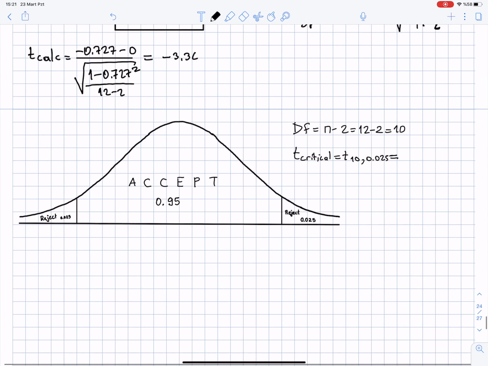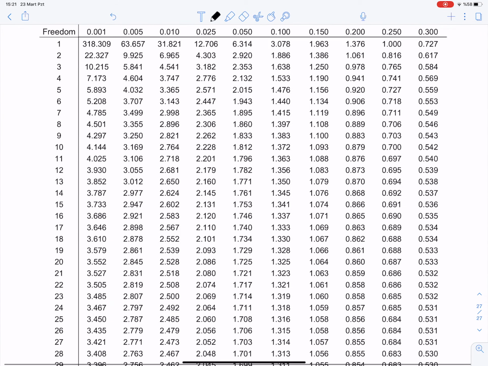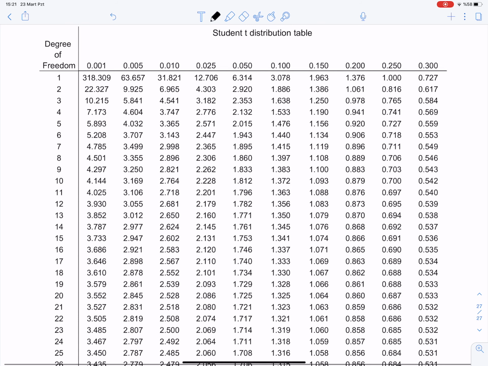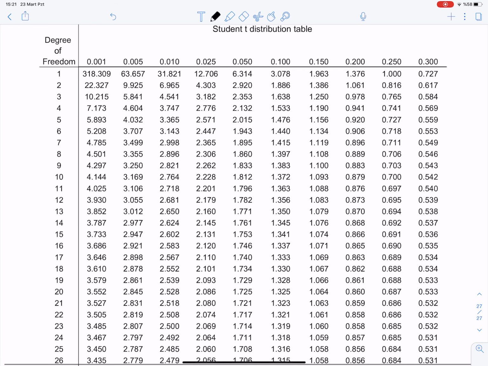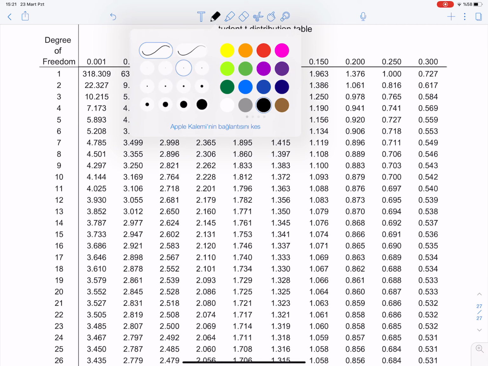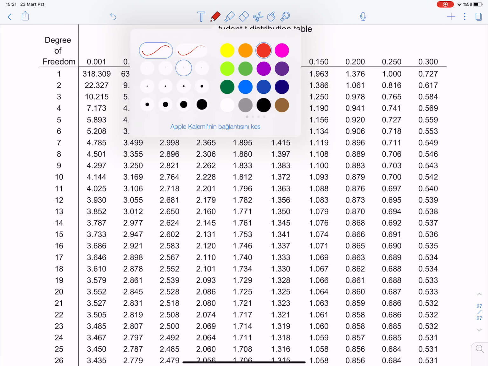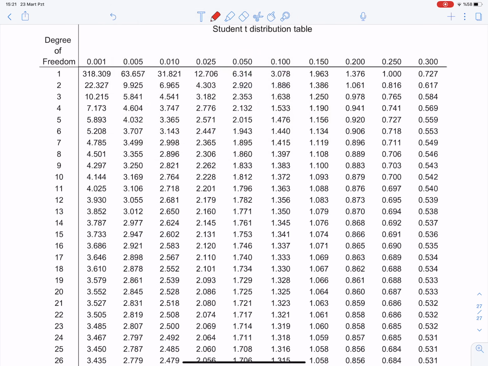I already have a table, the student T distribution table. The degree of freedom is going to be 10. So I'm going to pick up this row.